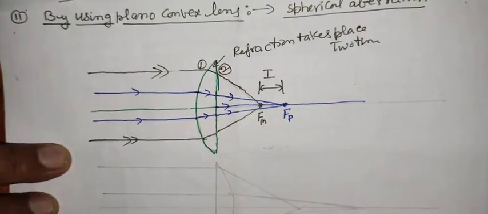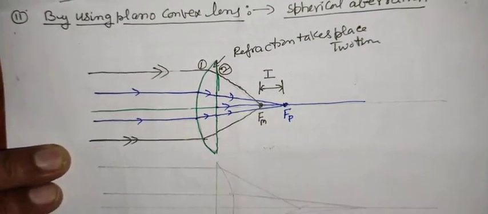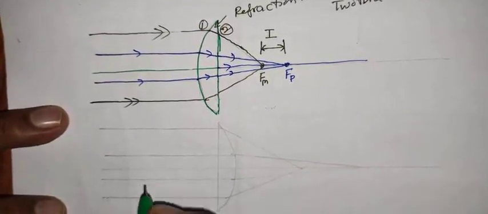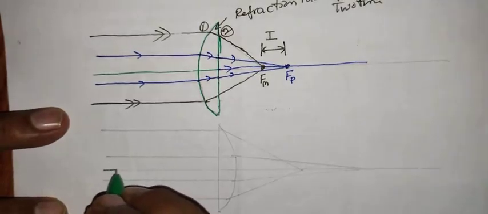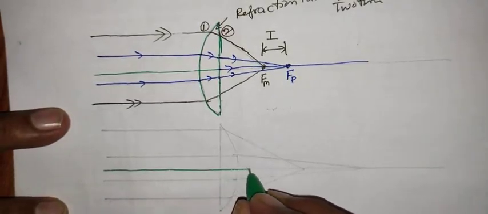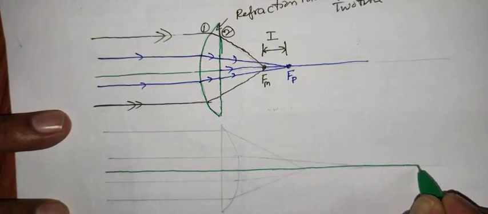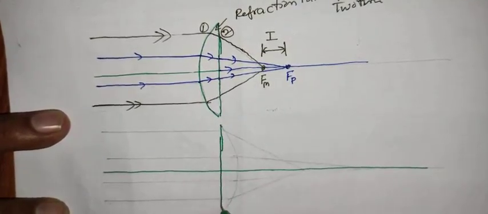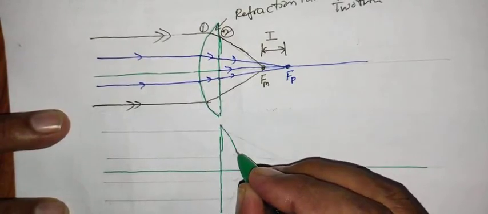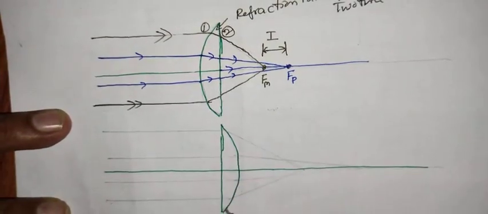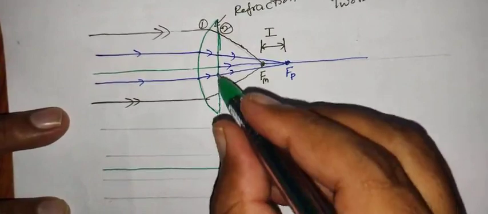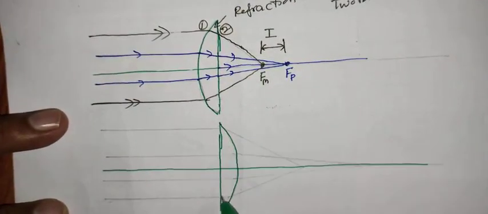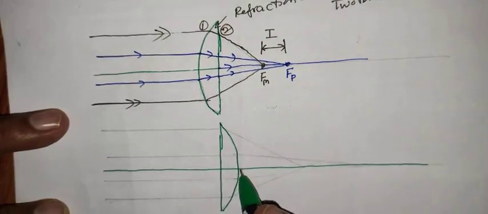Now see the second diagram first, then we will compare both diagrams. This is the principal axis for the plano convex lens. This time the same lens is used in a different way: the plane surface first, thereafter the curved surface.